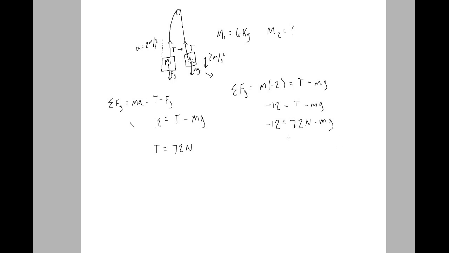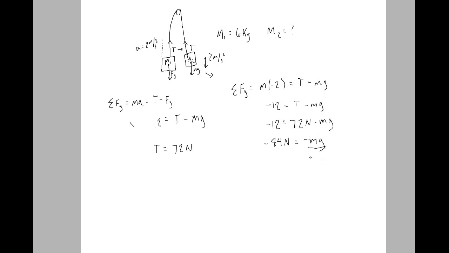So I can subtract 72 newtons from both sides, and on the left side I get negative 84 newtons equals minus mg.